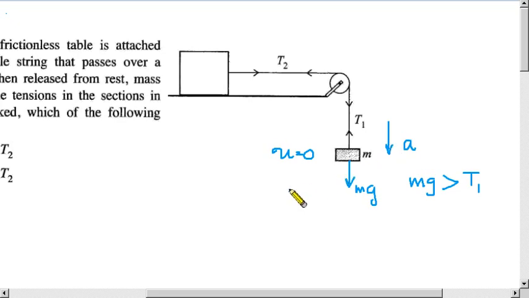If it is accelerating, the velocity must change. Velocity must achieve some value denoted by v. So to gain a velocity, there must be a resultant force. Therefore, mg must be greater than T1. So that is the first relationship we can get.